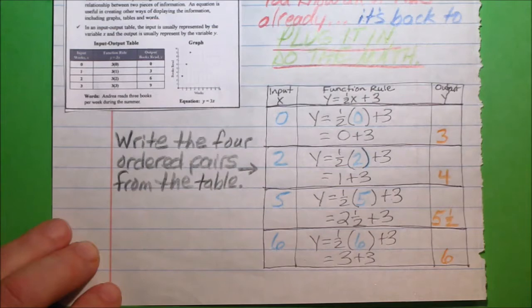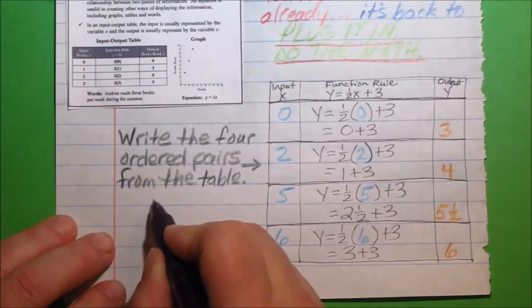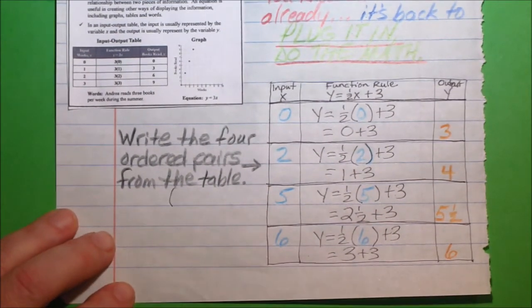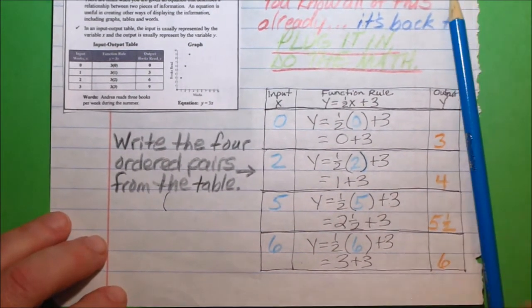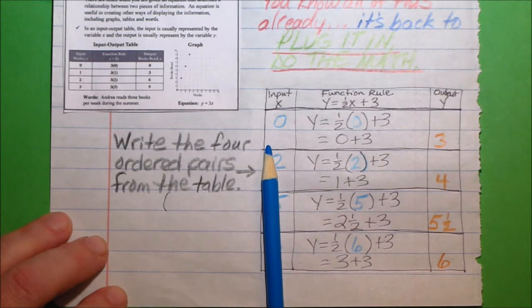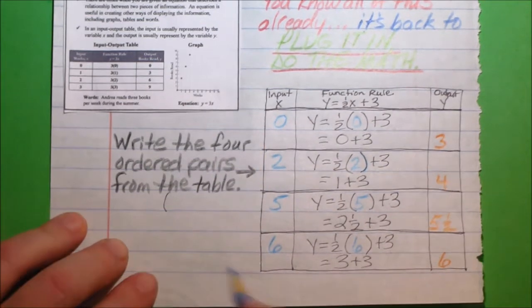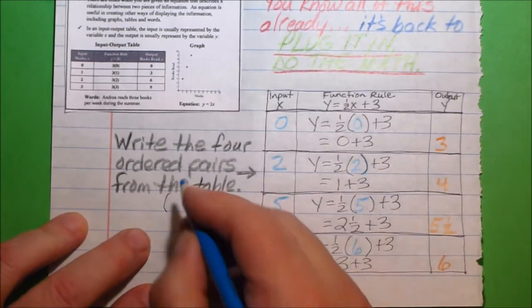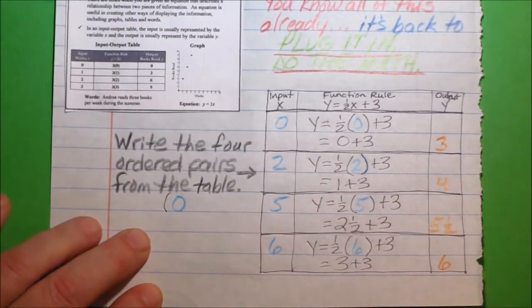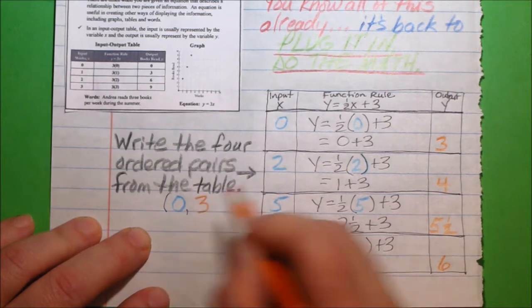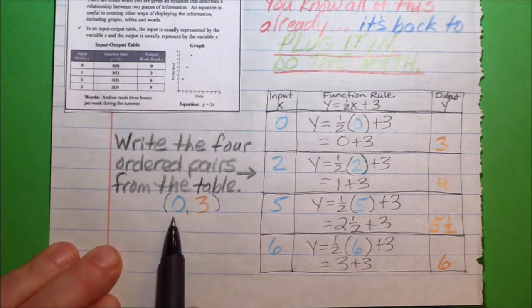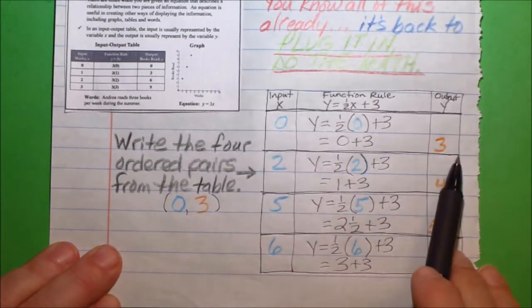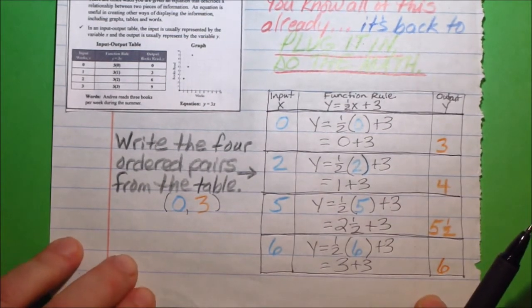All right, so how would we do that? Well, we know ordered pairs are in parentheses, right? And I'm going to use just to keep the color coding together. My first ordered pair is 0 and 3. So I'm going to go 0 and y is 3. So x is 0, y is 3 in this first ordered pair. So x and y, that created my ordered pair. All right?